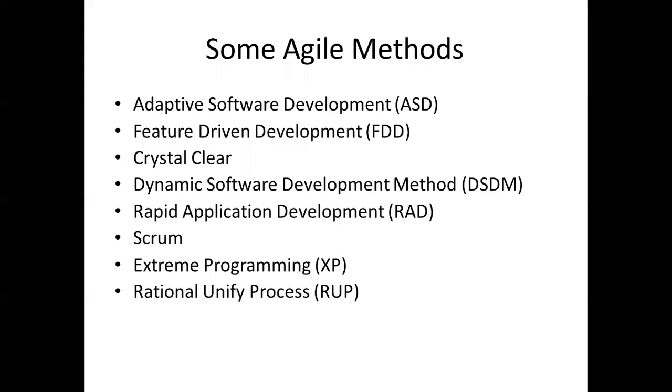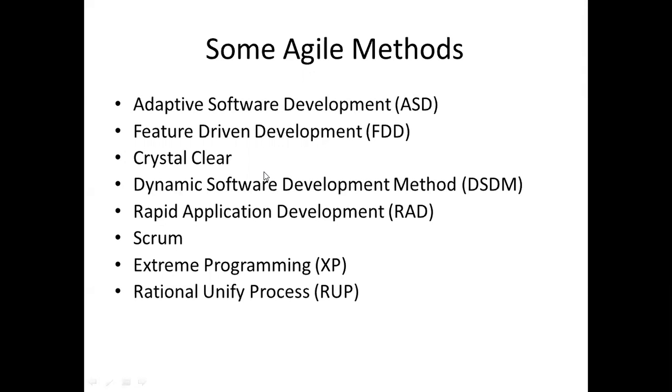Coming to some of the agile methods, there are many agile practices. When you say agile model, the agile model itself has a few kinds of flavors. One is adaptive software development, feature driven development, crystal clear, dynamic software development method, rapid application development, scrum, extreme programming, and agile unified process. The mostly used one is scrum.